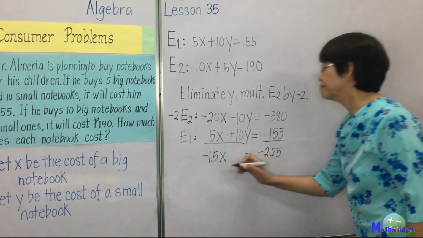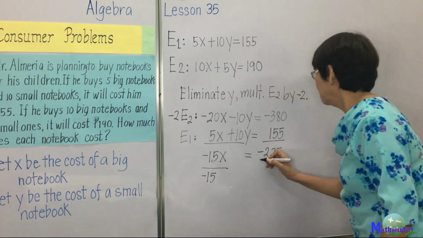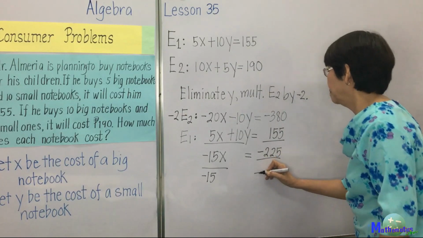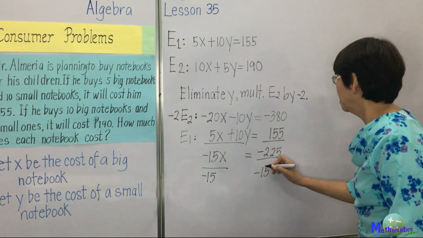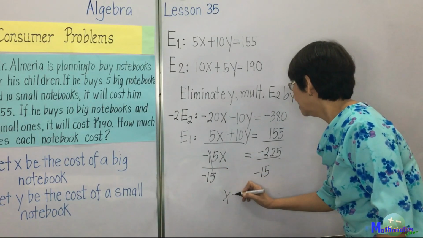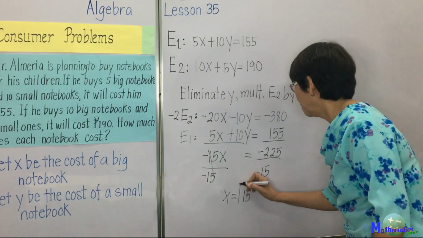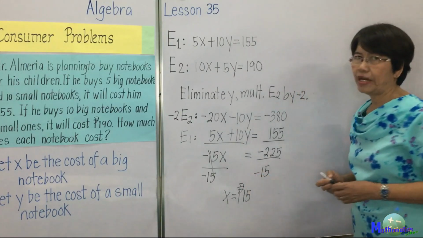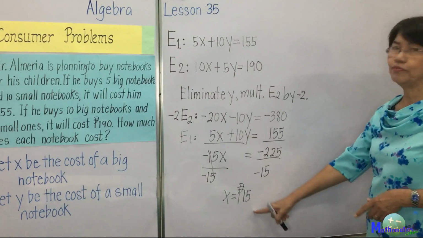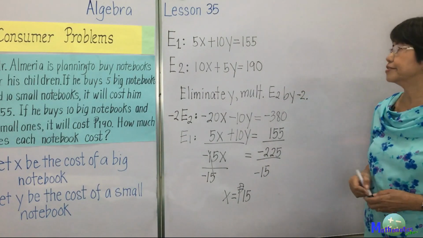Divide both sides by negative 15. So x is equal to 15 pesos.